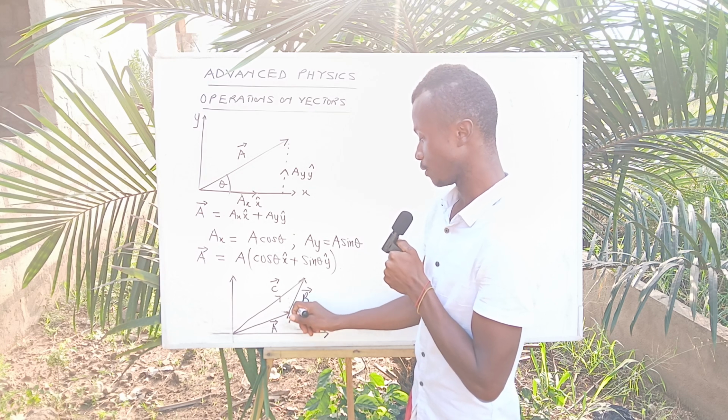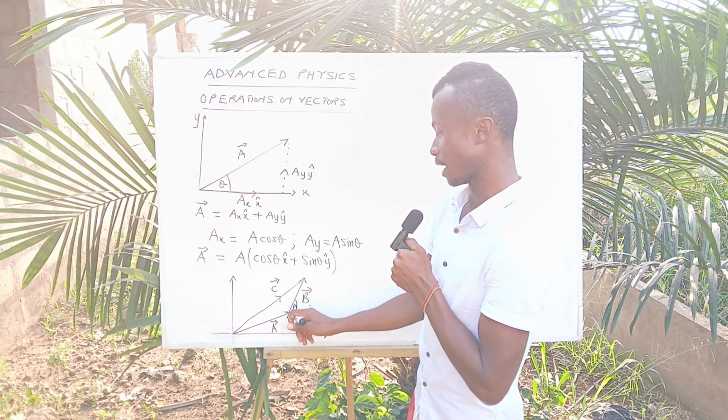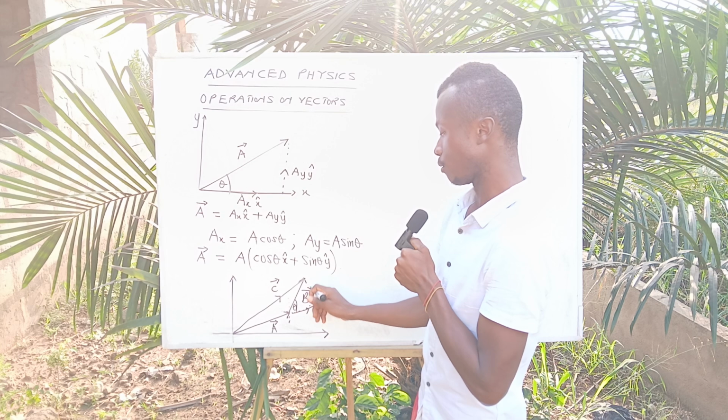Vector B also makes an angle with the horizontal. It has an x component and it has a y component, like so.